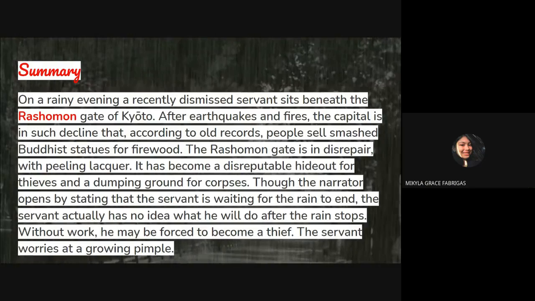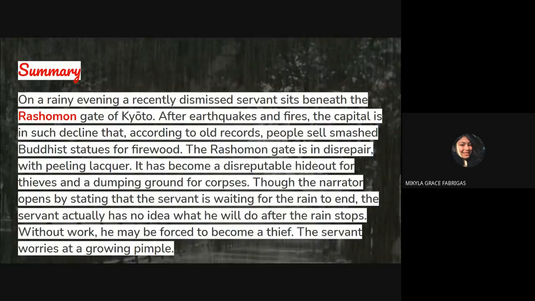On a rainy evening, a recently dismissed servant sits beneath the Rashomon gate of Kyoto. After earthquakes and fires, the capital is such decline that, according to old records, people sell smashed Buddhist statues for firewood. The Rashomon gate is in disrepair, with peeling lacquer. It has become a disreputable hideout for thieves and a dumping ground for corpses.